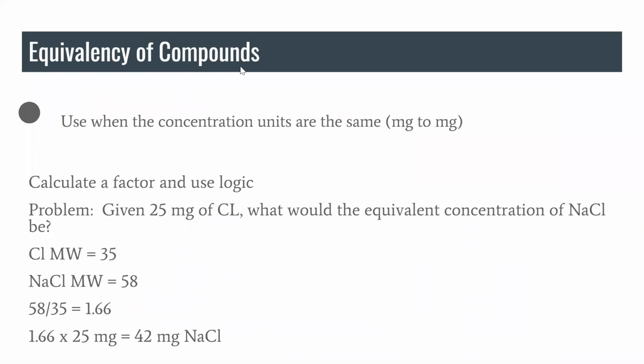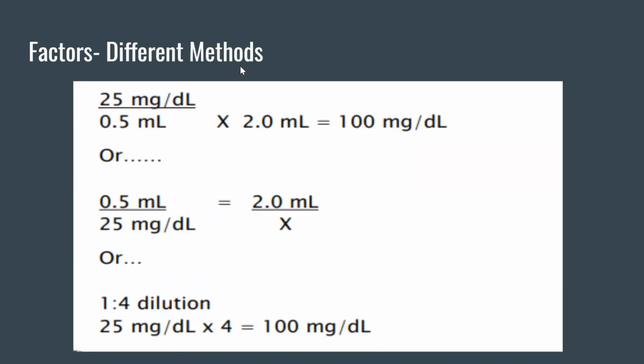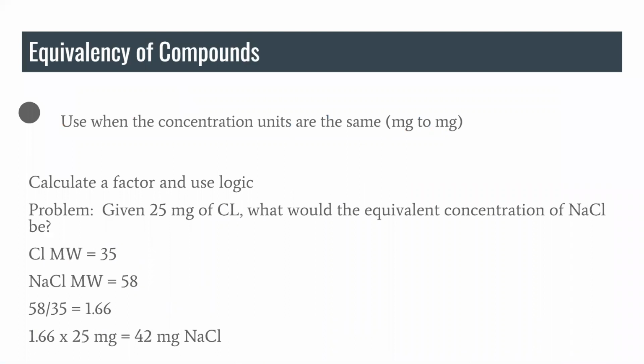Oh, sorry, I went too far. So this is just an example of compounds. When you have a concentration of the same, they're both milligrams to milligrams, we're going to calculate a factor. So given 25 milligrams of chloride, what would be the equivalent concentration of sodium chloride?